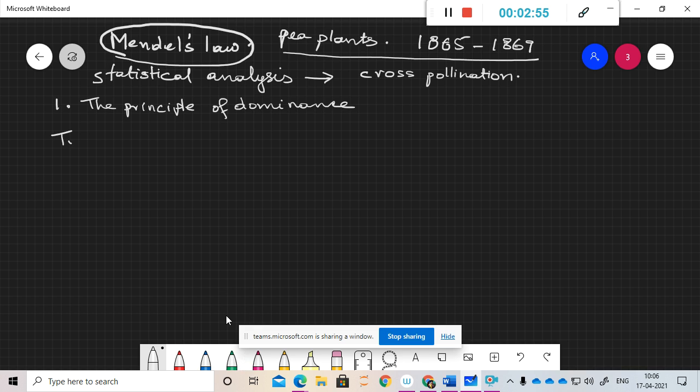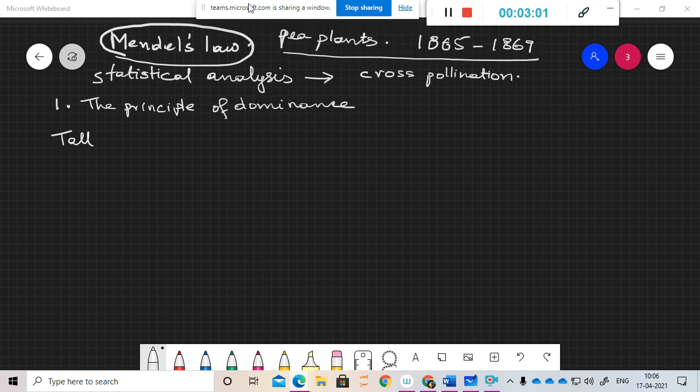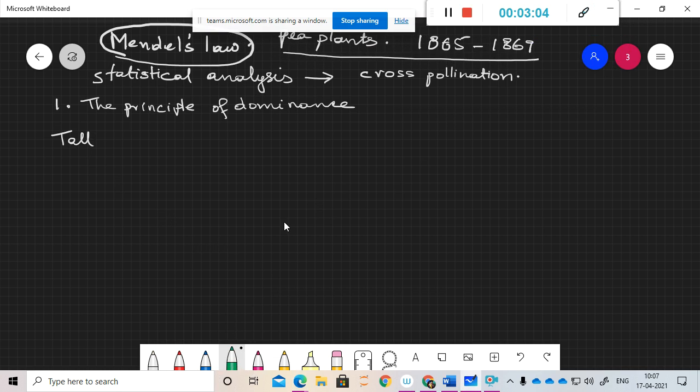a tall variety of pea plant with a dwarf variety of pea plant.